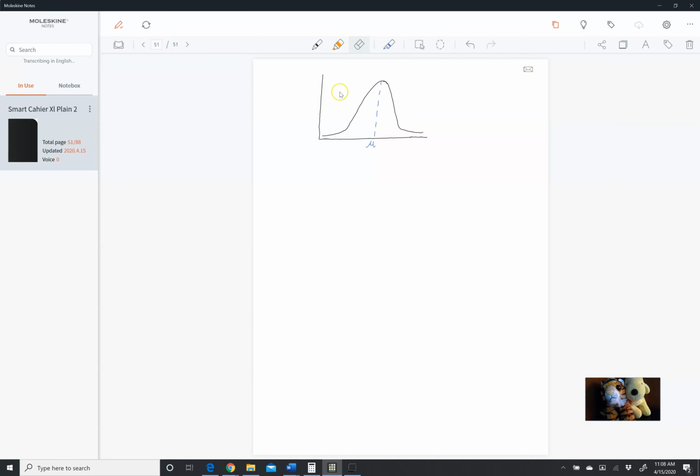Okay, and you can see here that there are 2 points where it's going up, and then it kind of starts to change. And when it starts to change, what we're saying is from here to here, it's going down. So in other words, we're talking probably about points around here. And this point would be 1 standard deviation to the left of the mean. And this would be 1 standard deviation to the right of the mean.